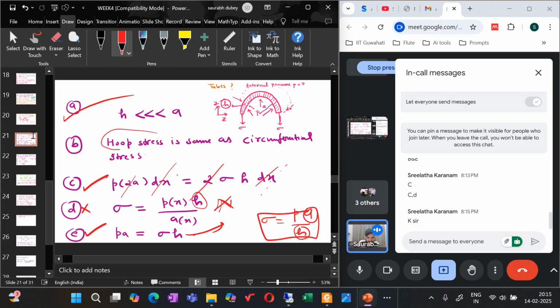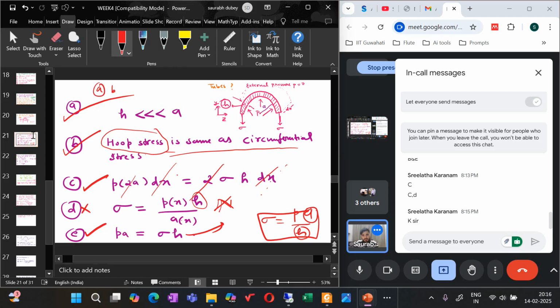And hoop stress is also known as circumferential stress. This was explained in the second or third lecture, the basic introduction to solid mechanics, third lecture. So B is also correct. So for this particular one, A, B, C, and E are correct, right?